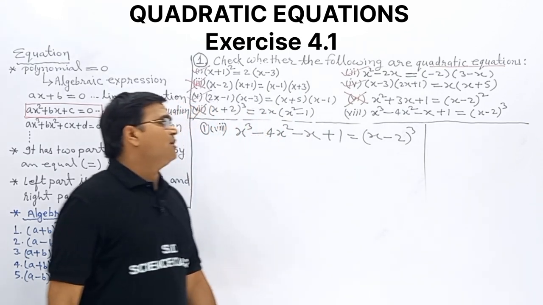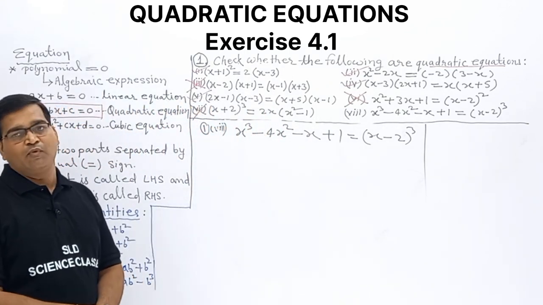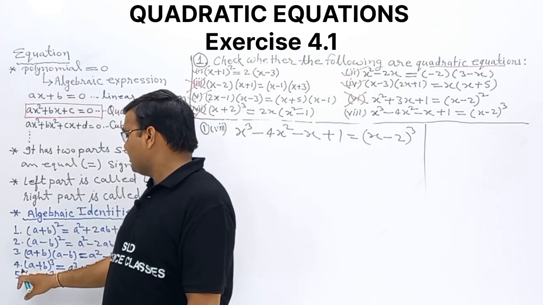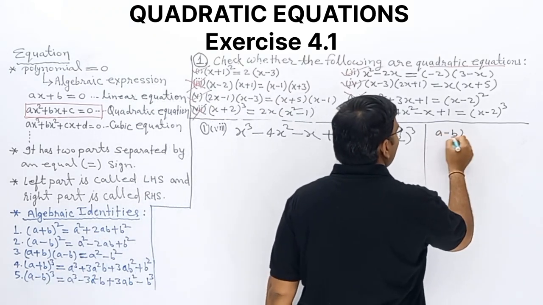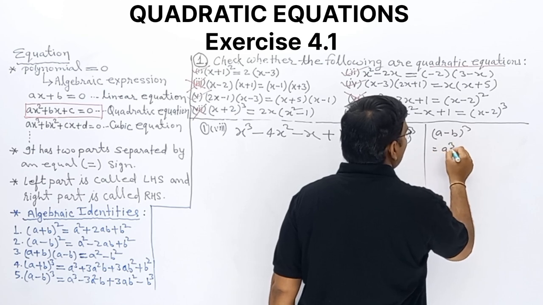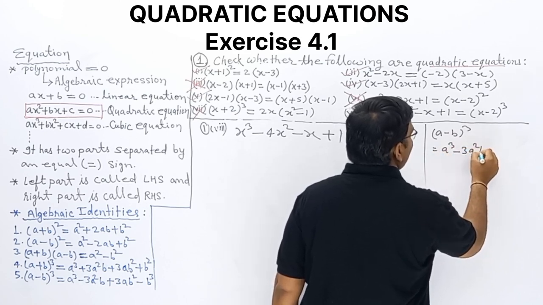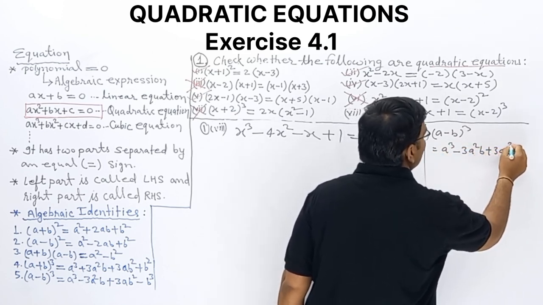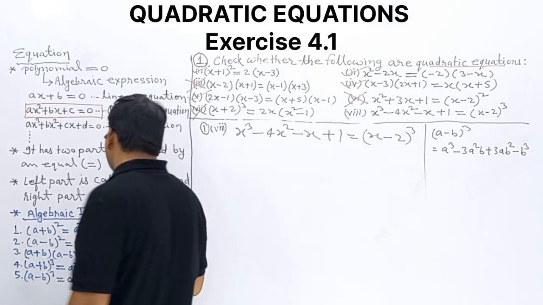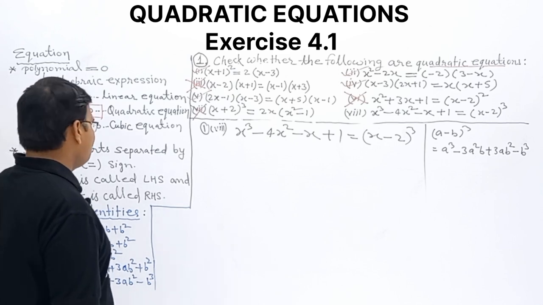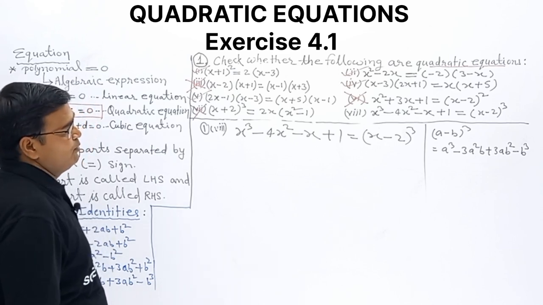To solve this question we require one algebraic identity. (a minus b) cube will be a cube minus thrice a square b plus thrice a b square minus b cube. Observe carefully: a cube minus thrice a square b plus thrice a b square minus b cube.